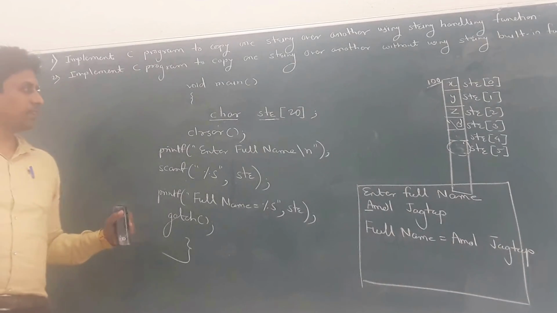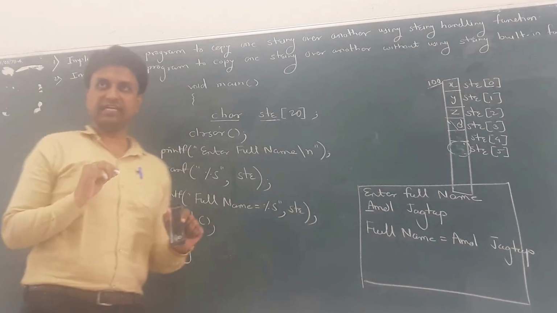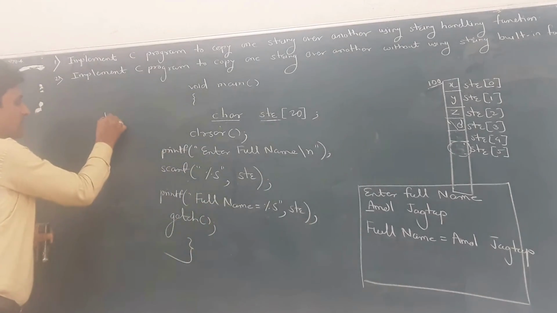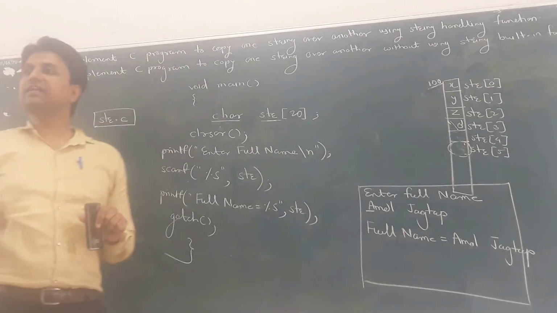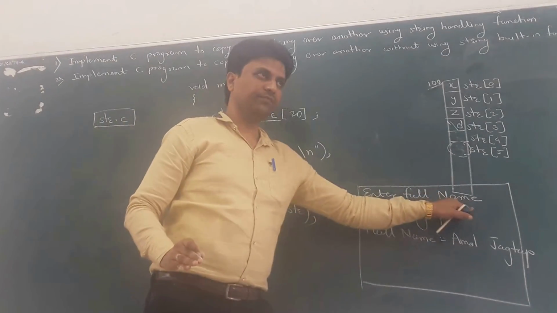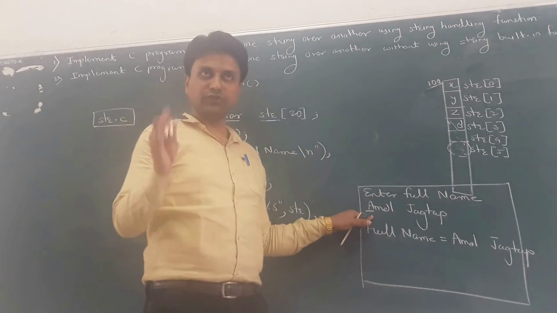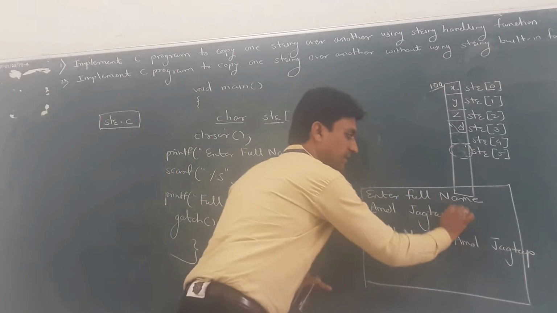If you write the whole code, save that code as, suppose, str.c, compile it and run it. So what is the predicted output? Enter full name, the cursor is blinking. Suppose you write Amol space Jagtap and press enter.